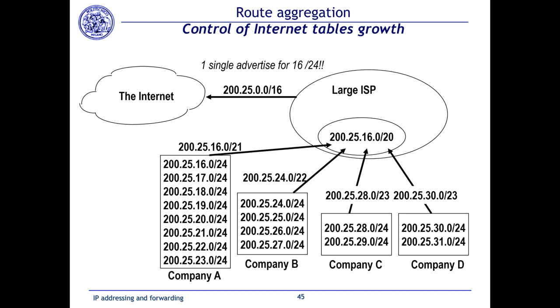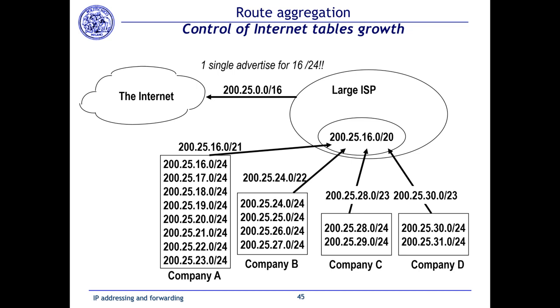What is the benefit of this mechanism? It is the reduction of the number of items that you have in the routing tables of the routers. Okay? Because in a router that is in the internet outside that ISP, you have a single entry. Okay? And that entry represents all the network of the ISP. When you are getting into the ISP, you have routers that are here.